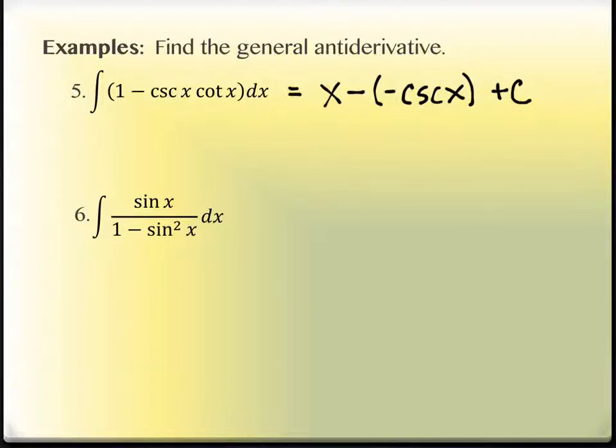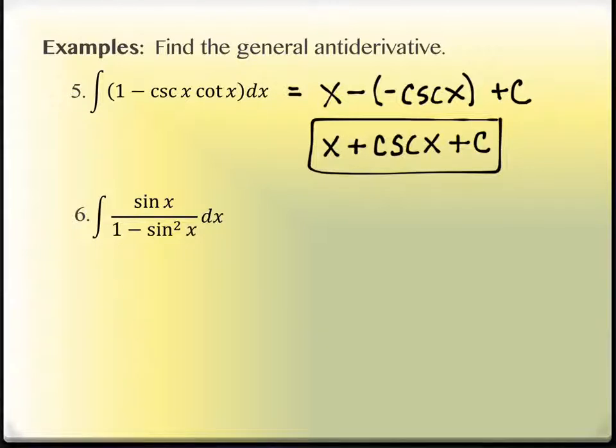If you recognized from the get-go that that negative was going to already be present and simplified, that's great. But we have x minus, and then the antiderivative of cosecant cotangent is negative cosecant. So the only thing to simplify is to recognize this would be x plus the cosecant of x plus c. Is everybody good with that?